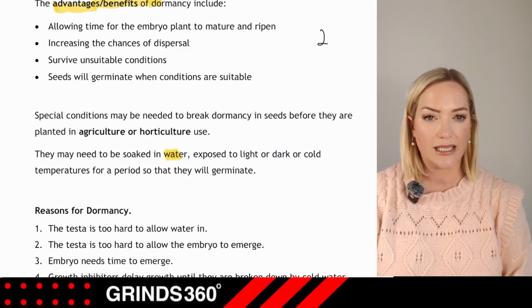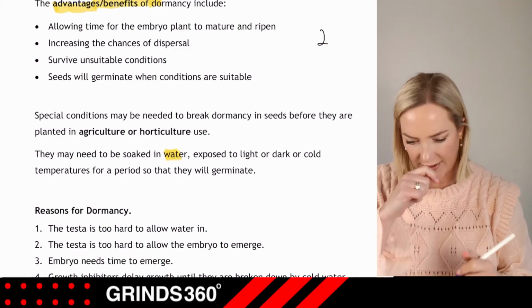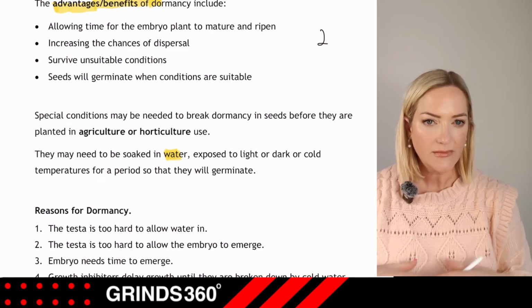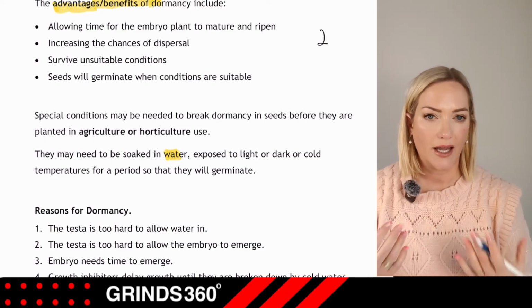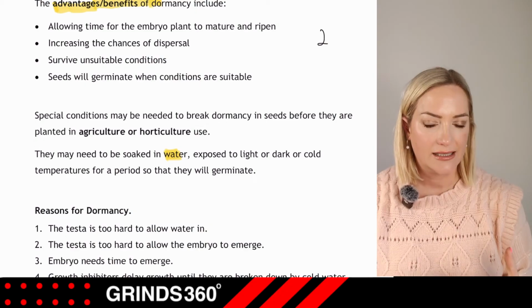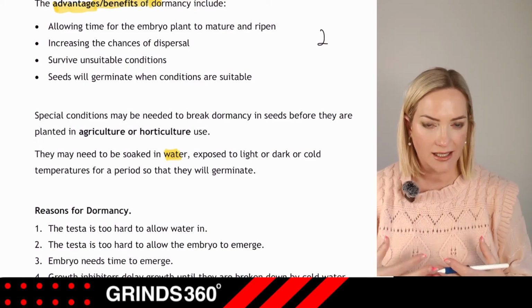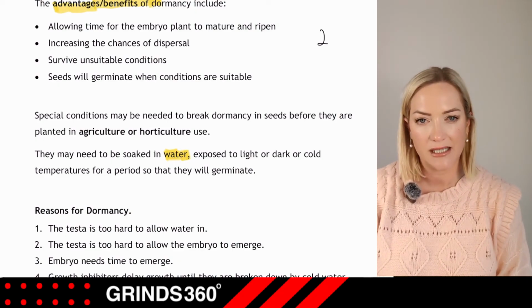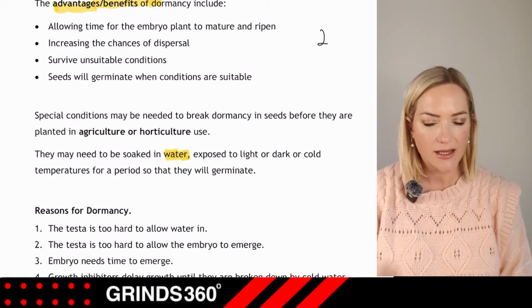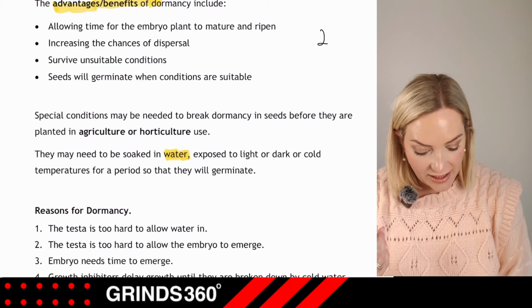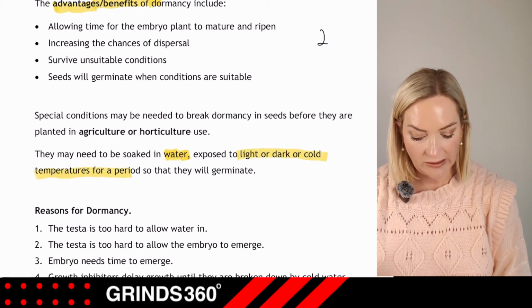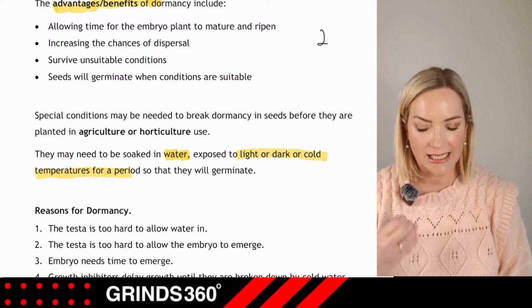If it softens the testa, it activates the enzymes: lipase, amylase, and protease. We can also expose it to light or dark or cold temperatures for periods so that it will germinate, depending upon what the seed is.